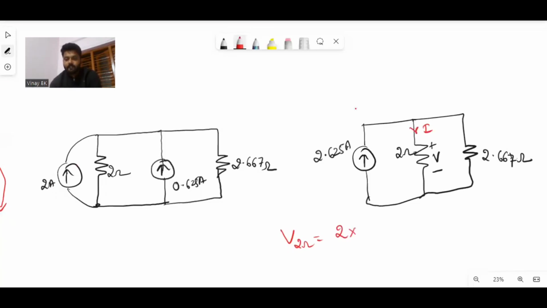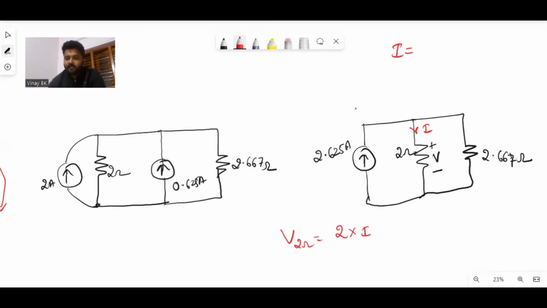I'll consider that as I flowing here, 2 into I. So if you get the value of current, then you can get the value of voltage across 2 ohm. That current I is given by applying the current divide rule.